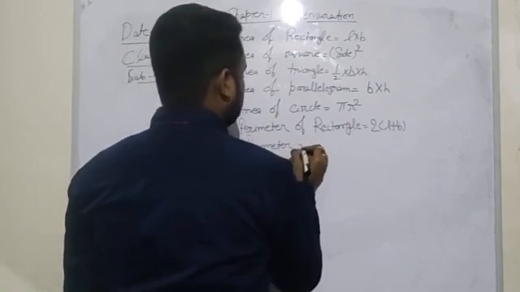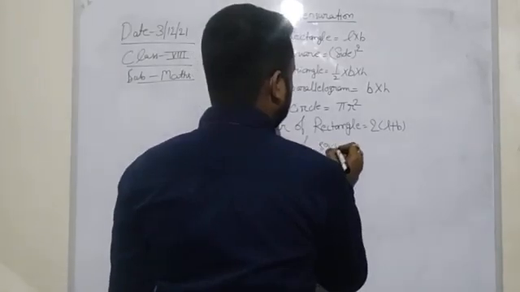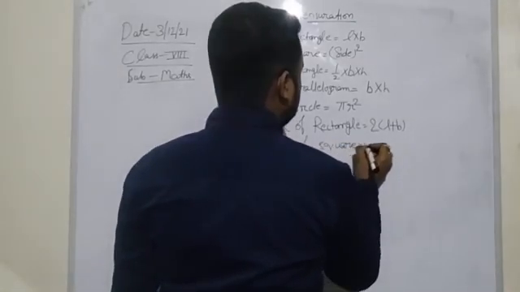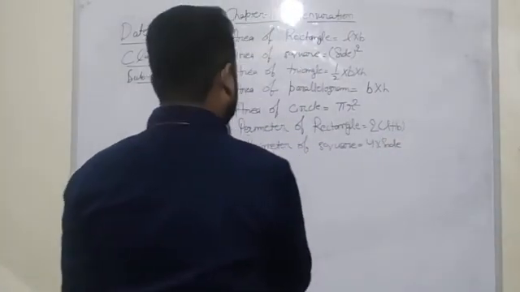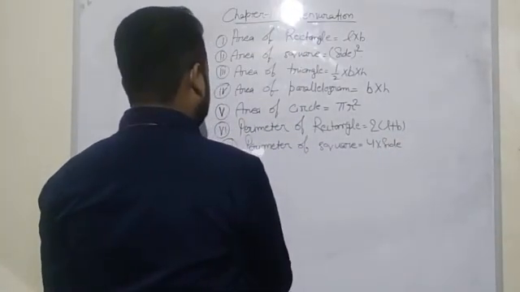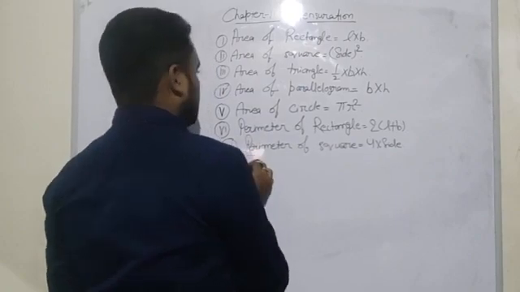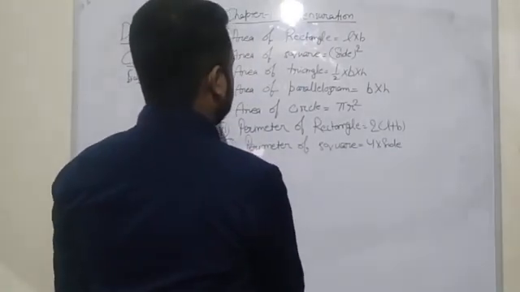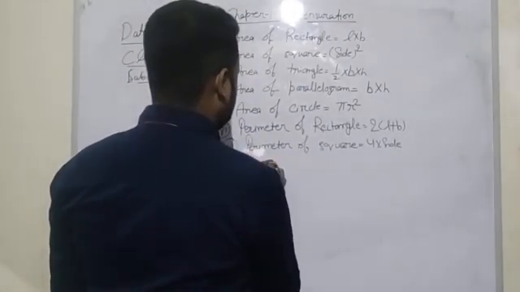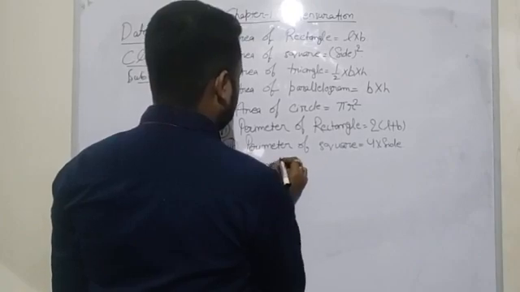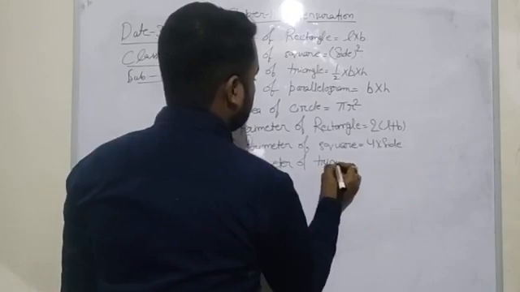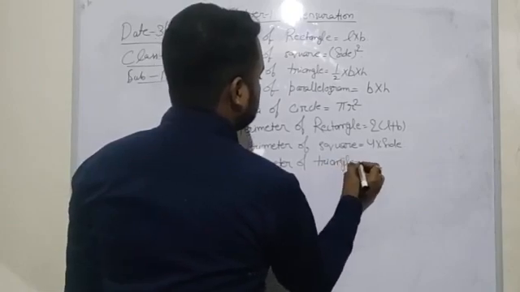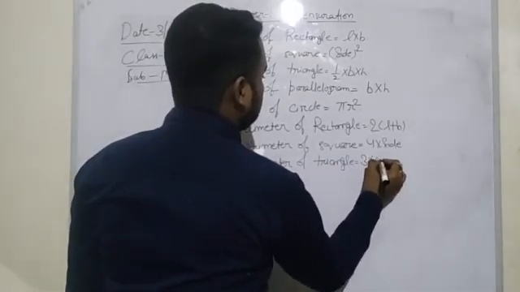Perimeter of square is 4 into side. And then perimeter of triangle is 3 into side.